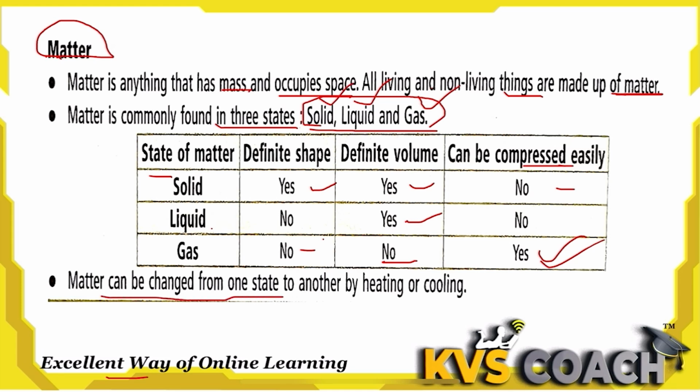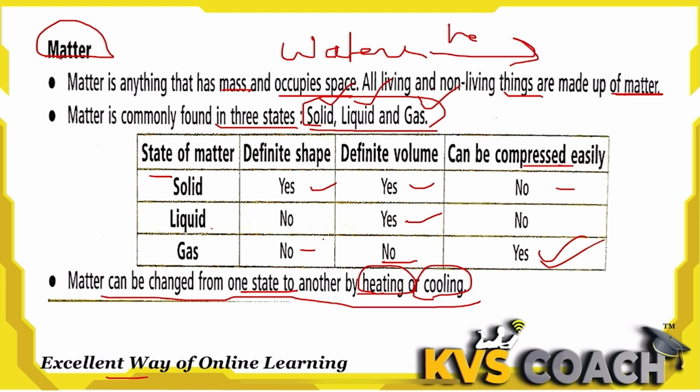Next is that matter can be changed from one state to another by heating or cooling. Yes, we can change the state of matter by heating or by cooling. Let's take an example. If I take water and heat it, what do we get? We get steam. Water is the liquid state and steam is the gaseous state.